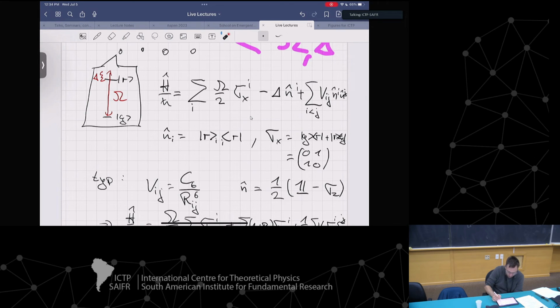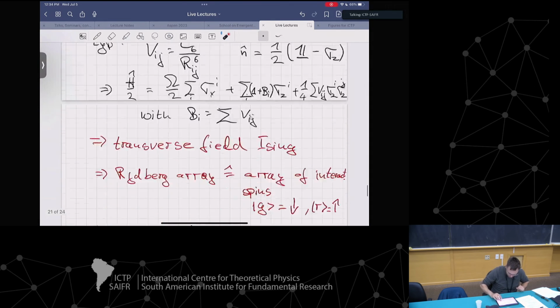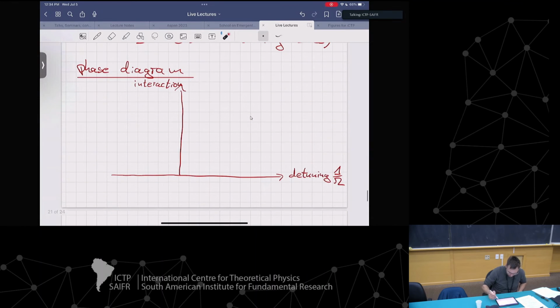So it's just an energy penalty. If I'm at positive delta, this term is negative. So a lower state is when I put all the atoms in Rydberg states. And if I'm at negative delta, this term is positive, and then states that have Rydberg occupation have higher energy. So that's why, when I'm looking at this phase diagram.